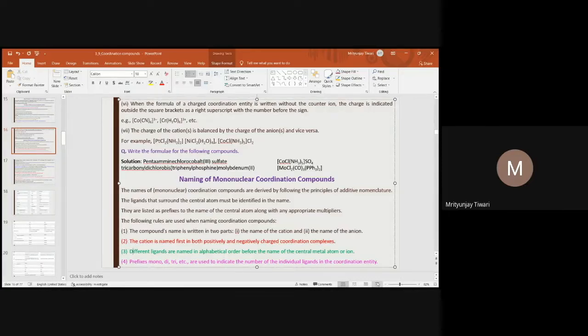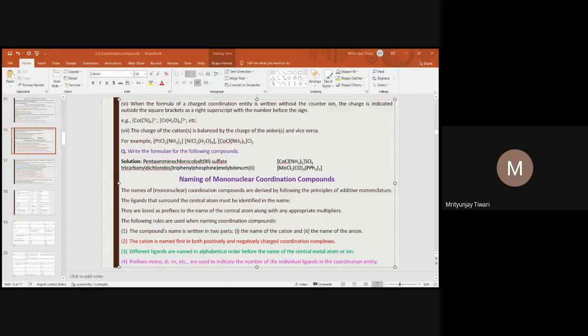So the name of the central metal is written later on. First we write the name of the ligand. As you can see in these cases, these are the IUPAC names of these complexes, and then the name of the metal is written at last.